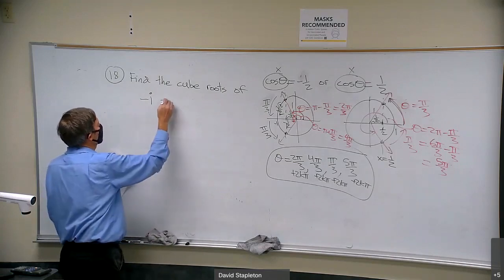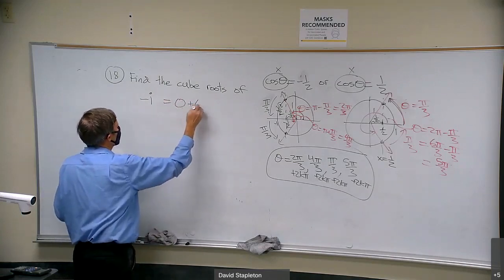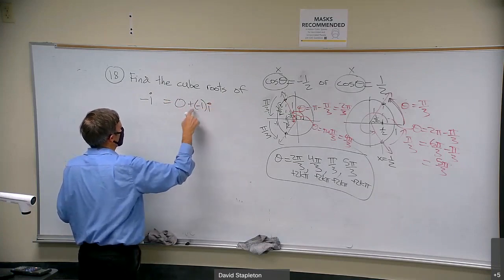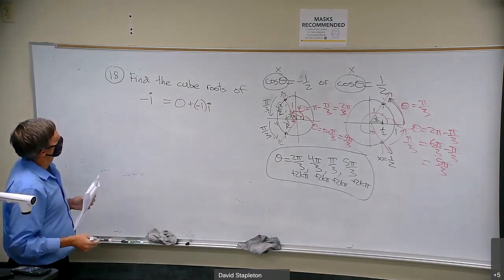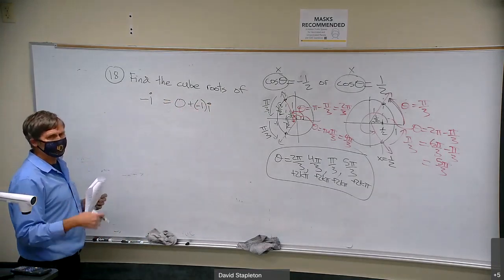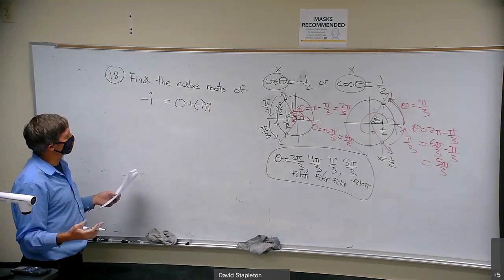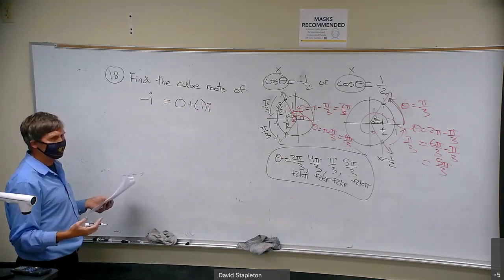Well, you can rewrite it like this. This is 0 plus negative 1i written out. So it's a plus bi. What are all numbers that do that? What you do is remember in arithmetic, you can use the standard form easily, but for powers and roots, you want to use the polar form.